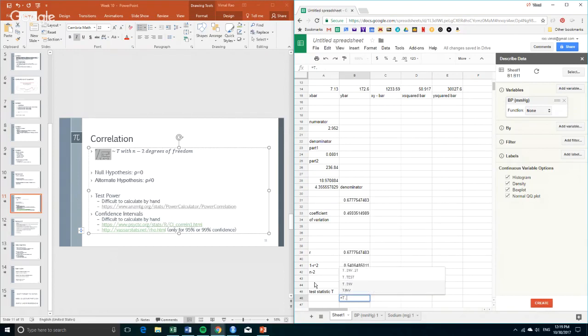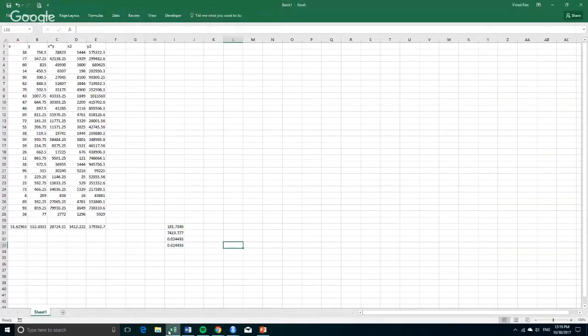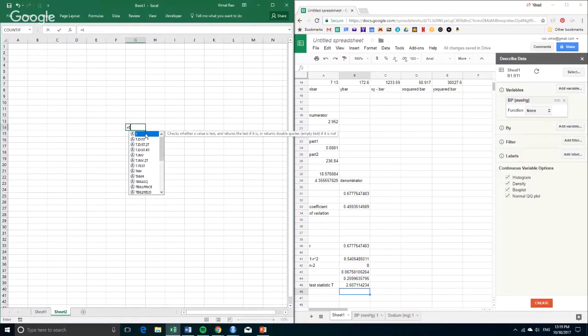Actually, I won't use the t dot test. I need to figure out which one of these values to use. And I don't see the equation here in Google Sheets. I'm very temporarily going to duck back over into Excel. I'm going to use the t.dist two-tailed function.